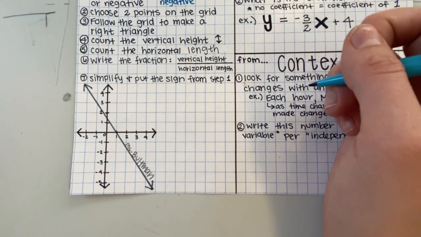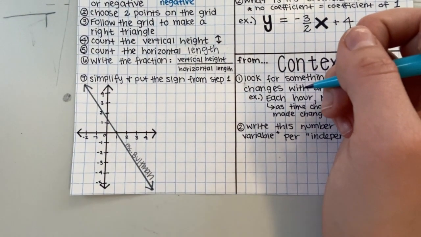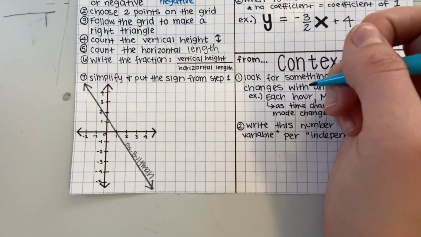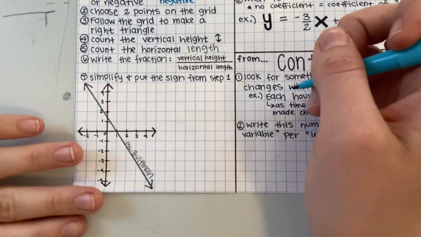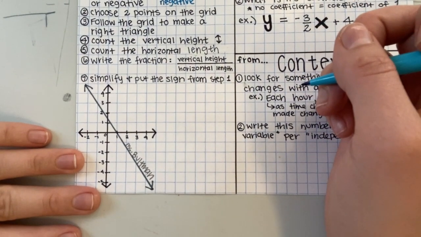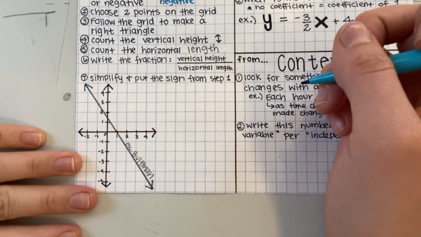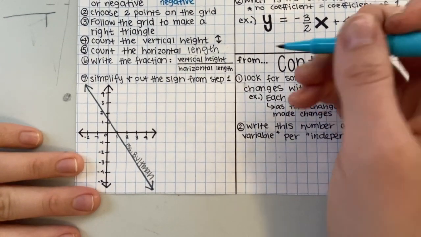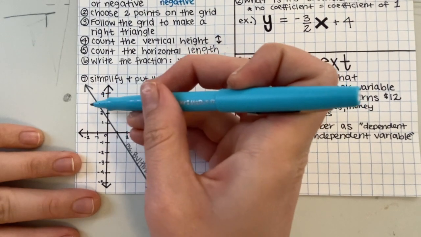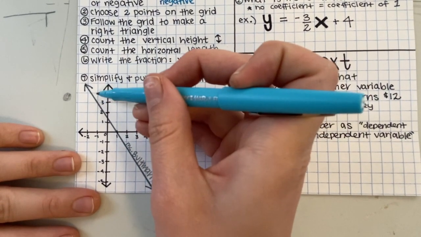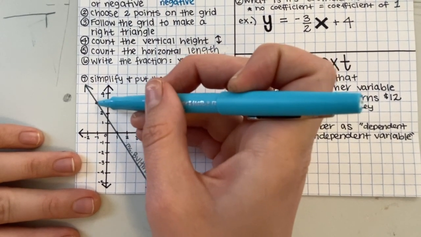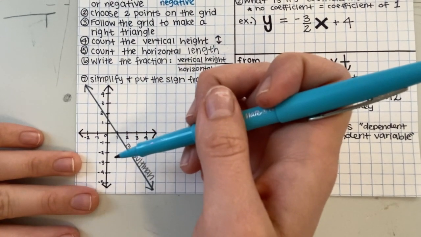Then we're going to choose 2 points that are directly on the grid line. The important part about this is that when I'm picking my 2 points on my line, it doesn't matter which 2 points I pick as long as they fall at one of our grid intersections. So you know how we have these little squares, it's going to fall on one of the corners of those squares.